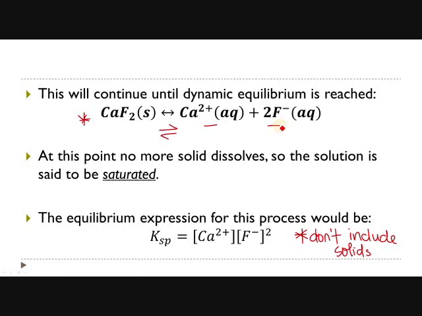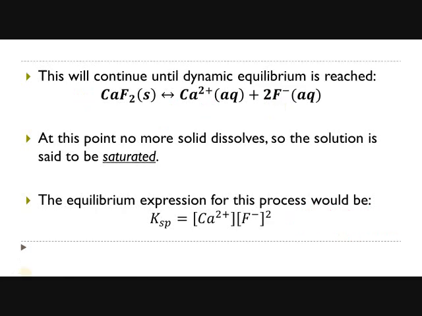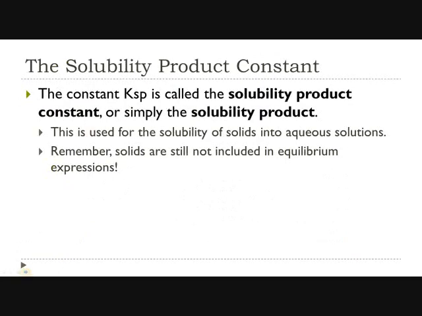It's almost like a simplified K expression. You'll never have a denominator, which is kind of nice. You're only doing the numerator when you solve. So that Ksp, called the solubility product constant, or simply the solubility product, is used for the solubility of solids into aqueous solutions. And remember that we don't include the solids.